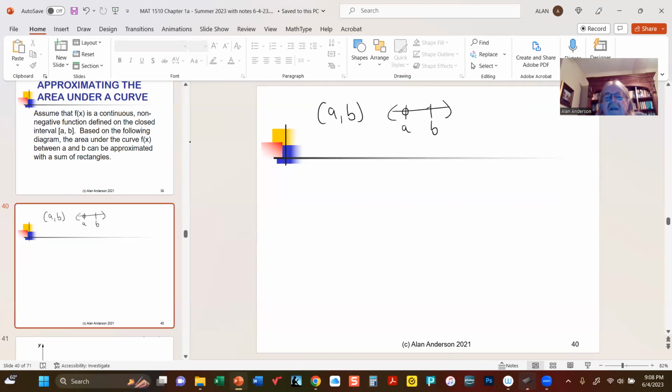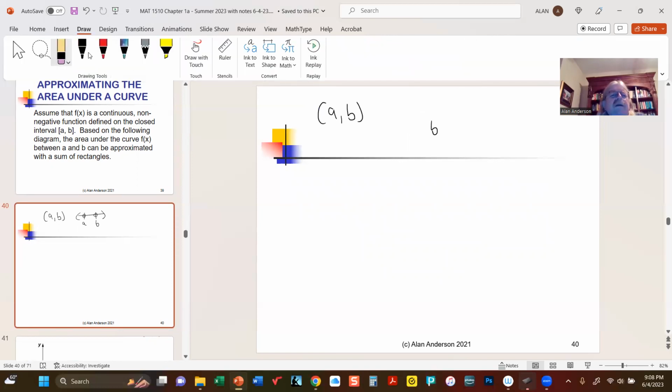You might remember some books, let me improve this drawing a little bit. What they do is use circles to indicate that this is not part of the interval. In other words, it's everything from a to b, not including either a or b.